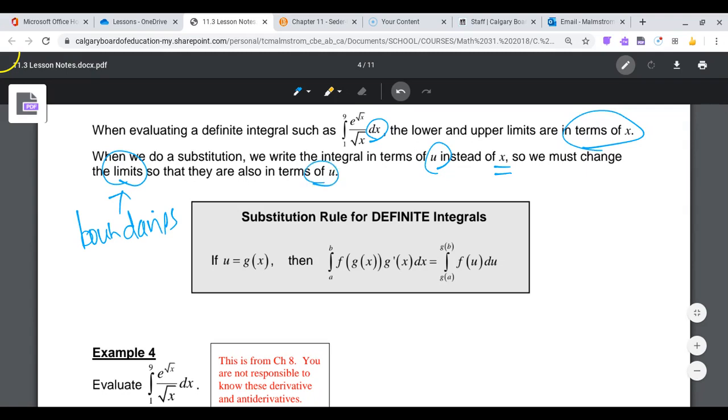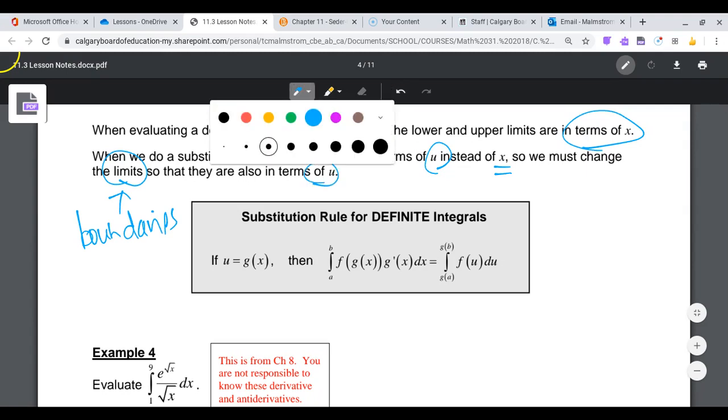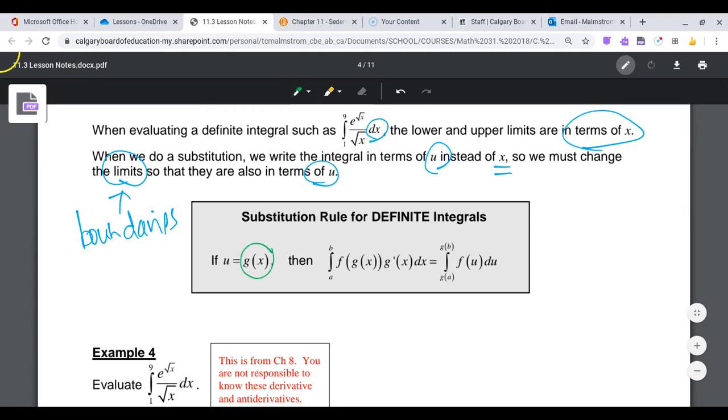So what does that mean? If we let u equal g of x, just like we did in the previous, we are undoing the chain rule, and our original functions in terms of x, these a and b boundaries now need to be evaluated in the g function.